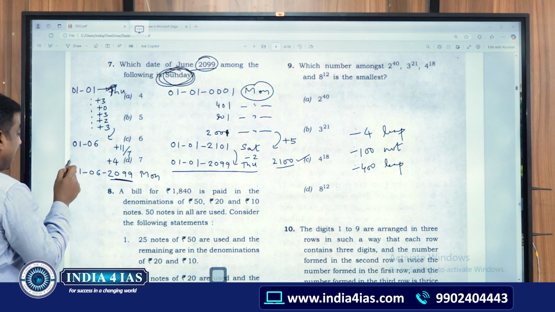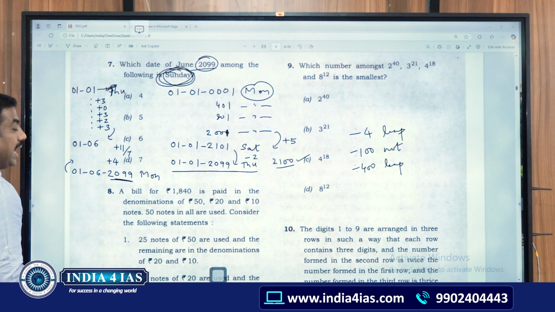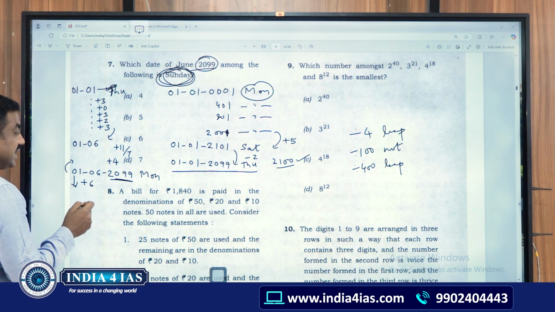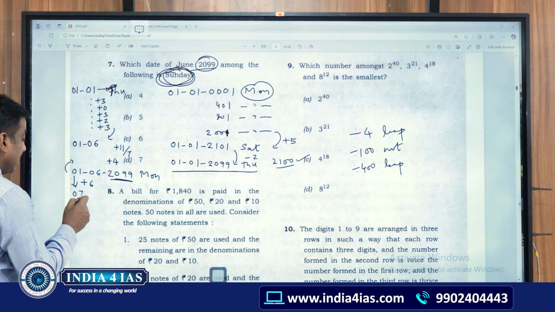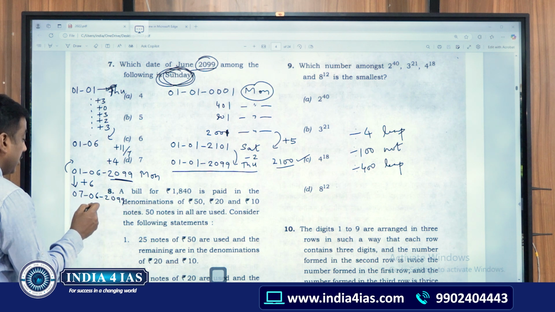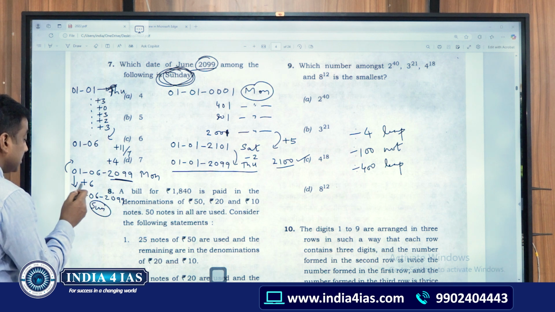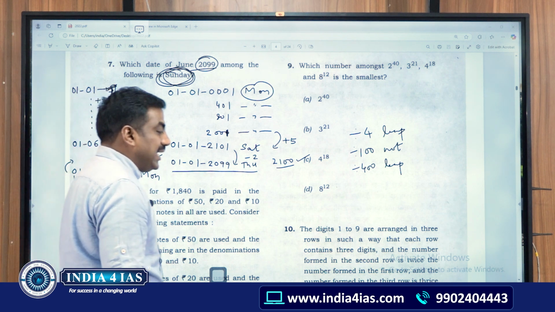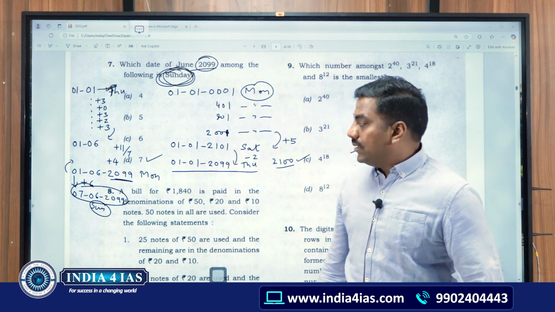If you go back one day, that will be 31st May, but I don't want that. If you come 6 days forward, it will be 7th June 2099 and it will be a Sunday. So 7th June 2099 is a Sunday.